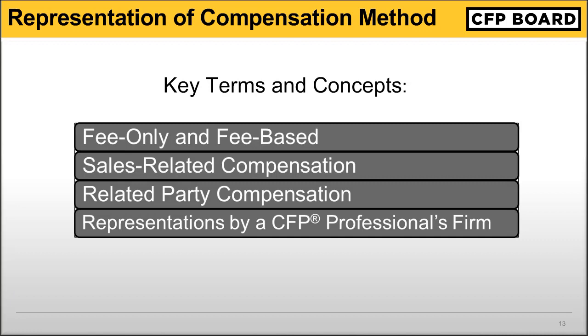It used to be that all compensation to related parties was considered. In the revised Code and Standards, we drew a limit on when the related party compensation would be counted. And that line is, when the compensation is received in connection with any professional services the CFP professional or the CFP professional's firm provides to clients.